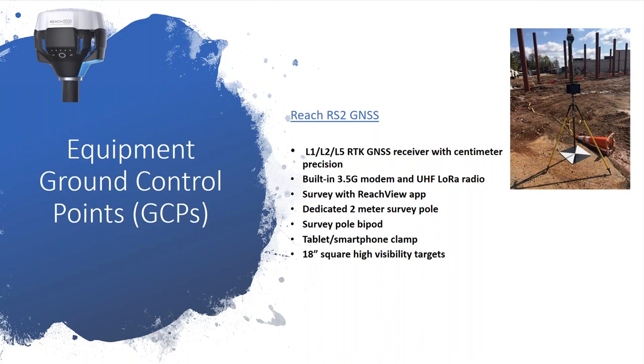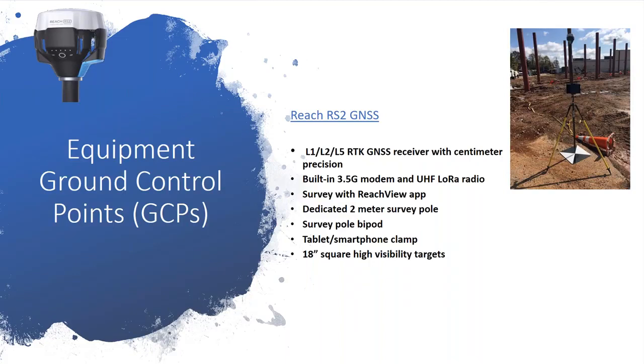You also have to have some type of tablet or smartphone since you have to use the app. Right now we're using an Apple iPad, and we're testing out Android to see how it works. The other key component, as you can see underneath the unit, is an 18-inch square black and white set of triangles on a high visibility background that we can see up to 400 feet in the air.